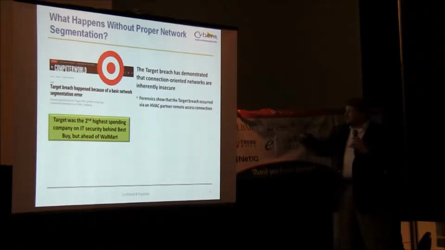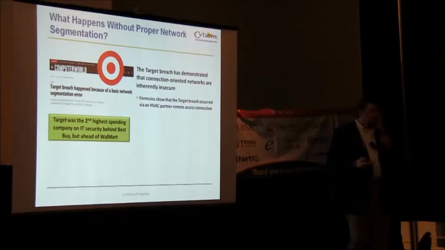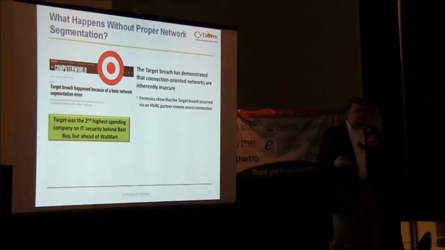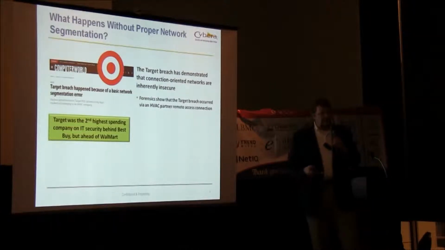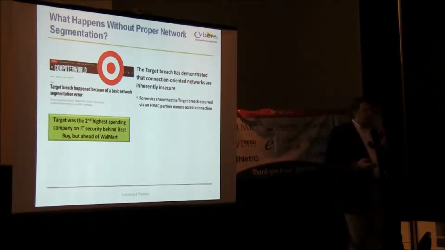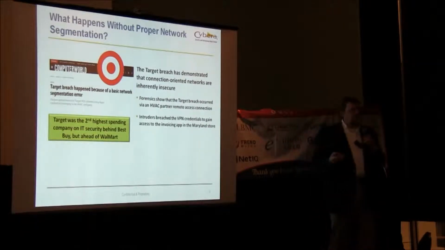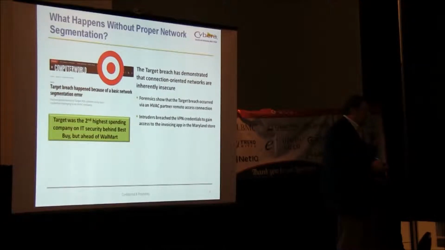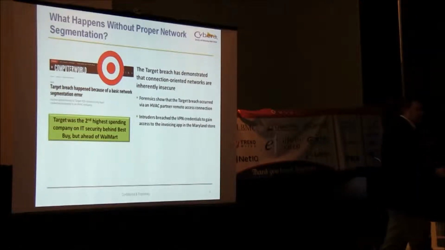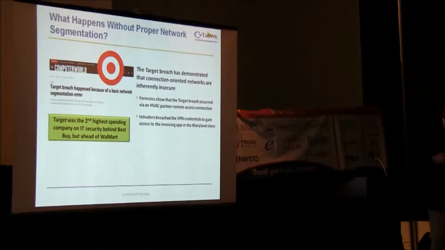First of all, forensics showed that the Target breach happened when a supplier of theirs, Fazio, an HVAC vendor, had their network compromised. Once their network was compromised, the intruders were able to compromise a computer inside it that contained the remote access credentials for a public IP VPN.